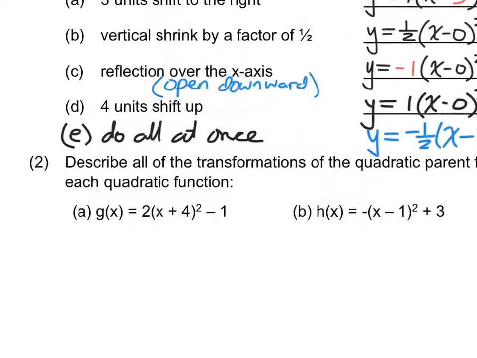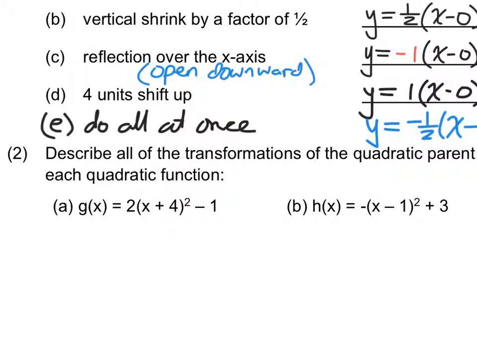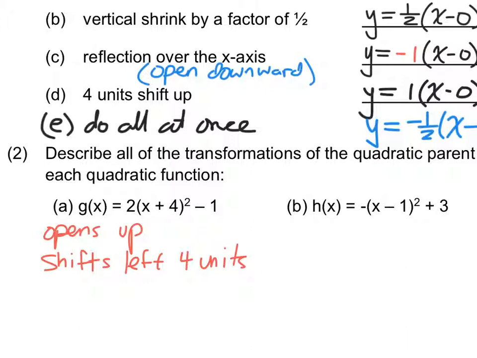All right, so in A, what do we have going on here? Opens up, shifts left by 4 units. What else? Shifts down 1 unit.